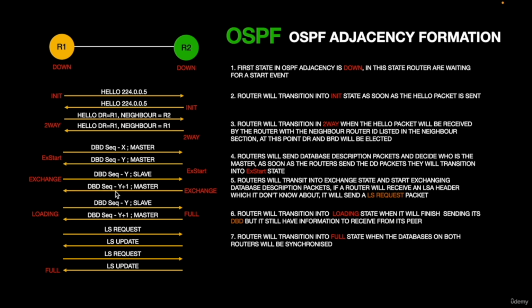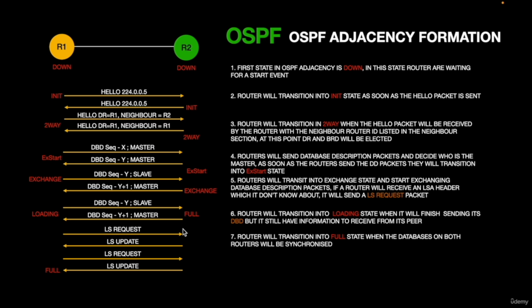Okay, so now routers will transit into the exchange state, and they will start exchanging database description packets. And if a router receives an LSA header which it didn't know about, it will send a link state request packet.